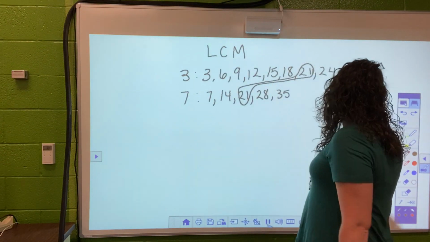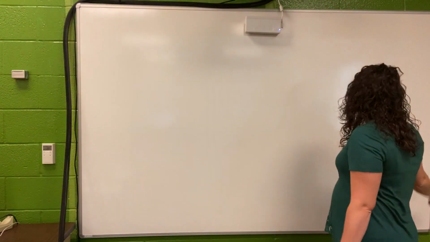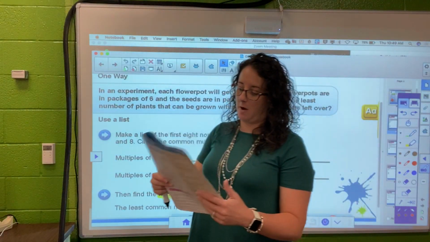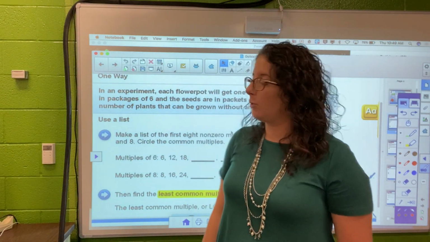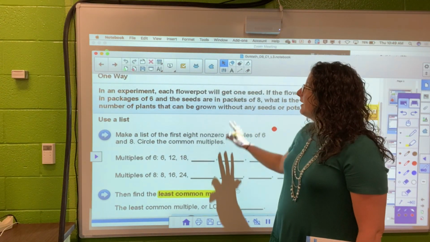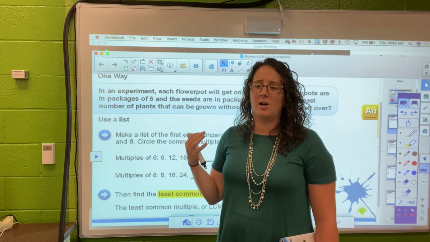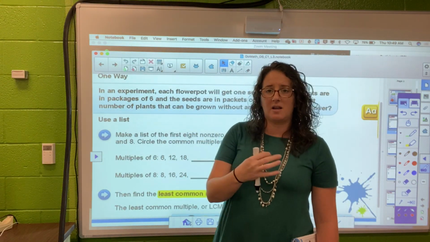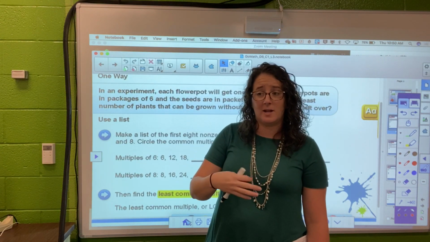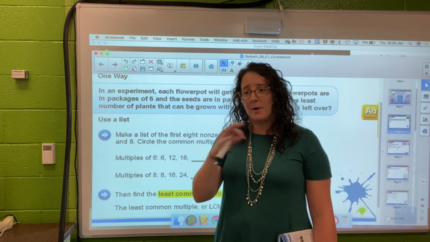So now we're going to look at this in this first word problem on page 17 in your workbook. This is kind of like a real world example. Think about like when you go to the store and buy hot dogs and hot dog buns or hamburgers and hamburger buns. There's never the same number in the package.